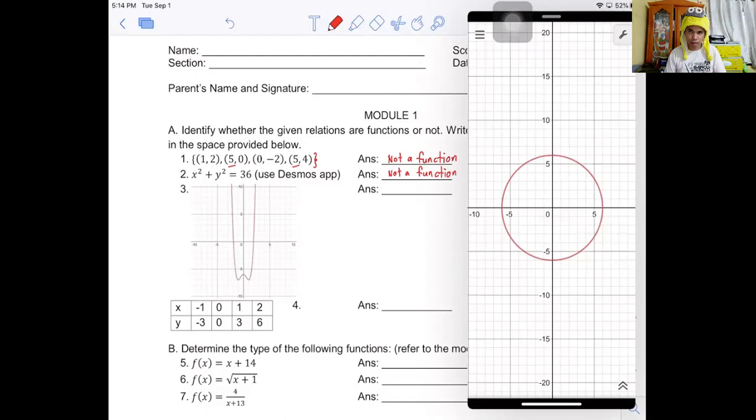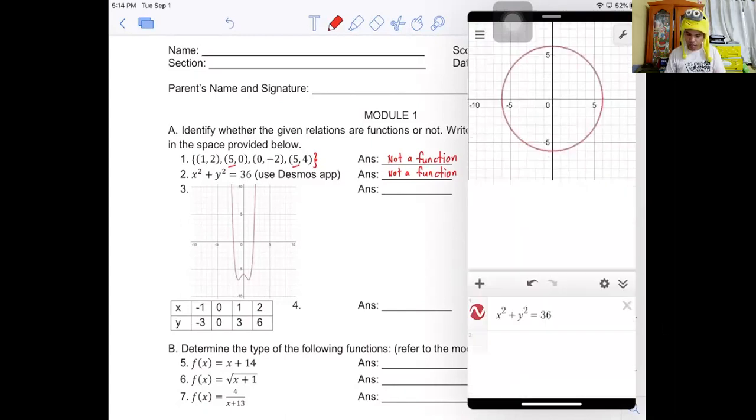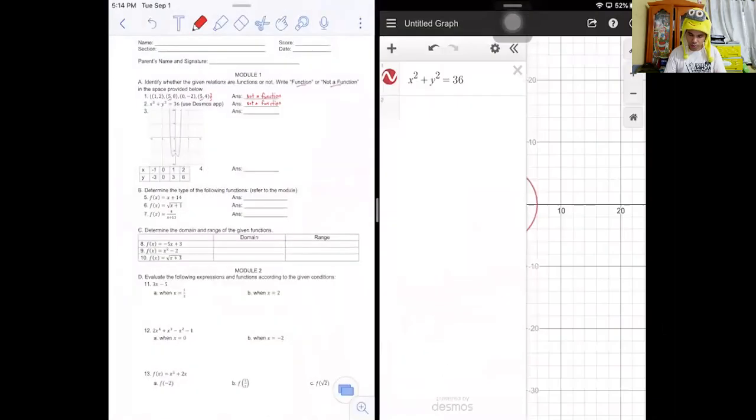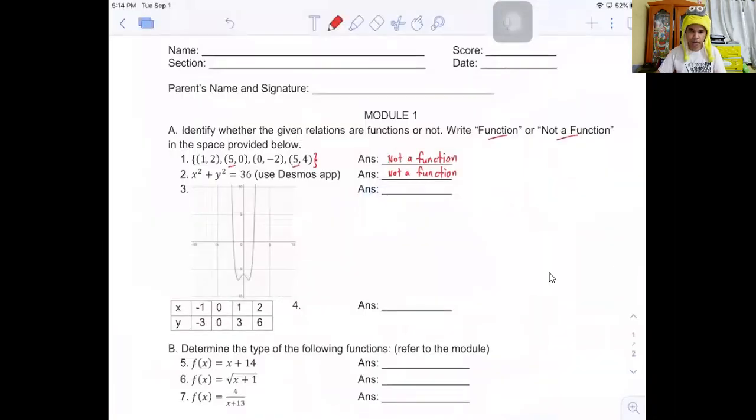It can also be one, or none. But since it exceeds 1, it should be at most 1 or none in order to pass the vertical line test. Therefore, this graph is not a graph of a function, but it is still a relation. Okay? Next.